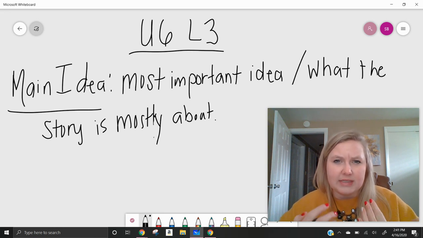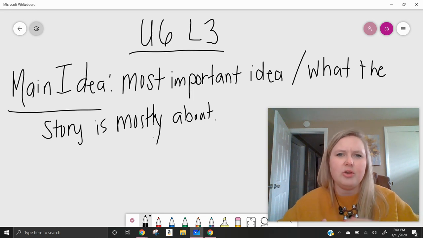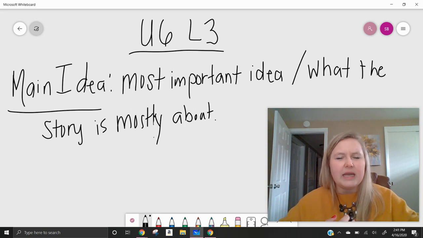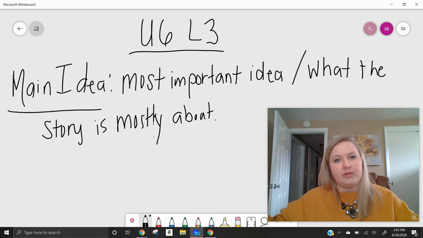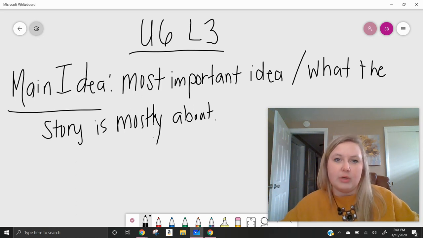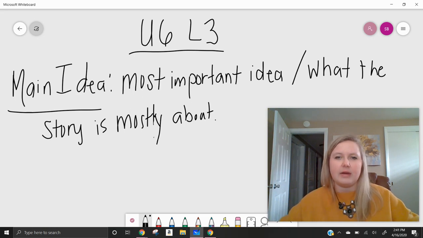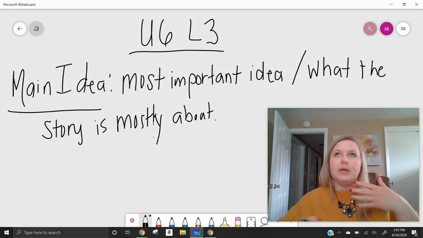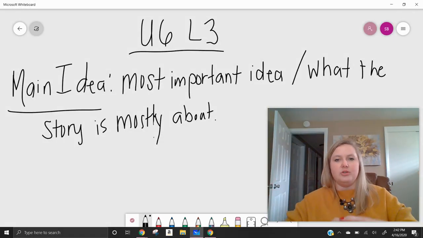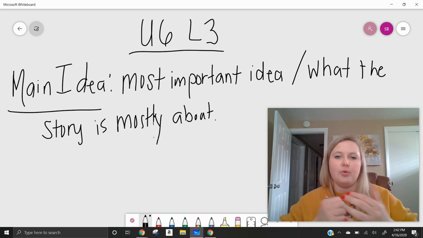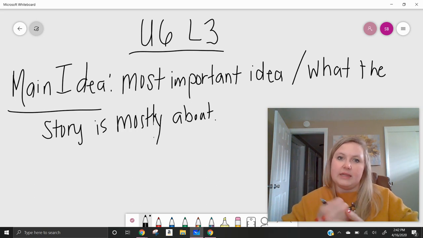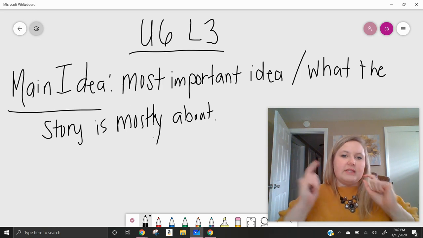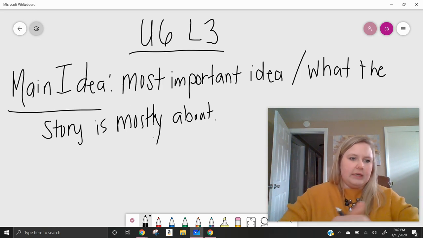It's pretty much given to you. You may have to reword it a little bit, but it's right there in the story. It's not something that you have to come up with on your own. Like theme, you would have to come up with something on your own for that, right? But main idea, it's just what it's mostly talking about. What is the author trying to get you to do, or what is the author trying to tell you about? Something like that, okay?